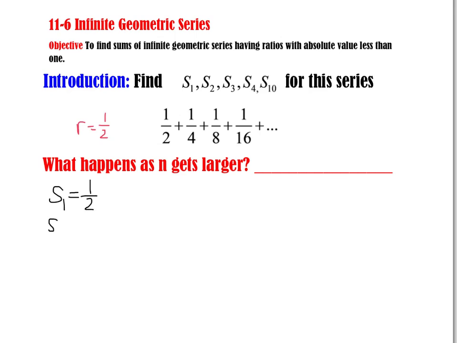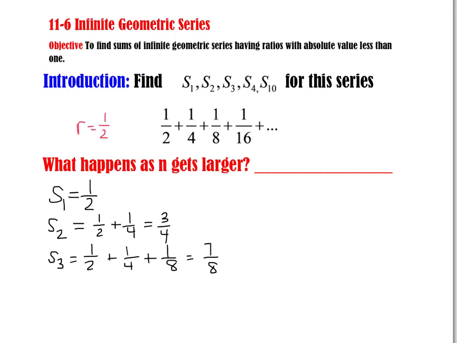For the sum up to 2, I would add 1/2 and 1/4, and so I would get 3/4. And then if I add up the first 3 terms, 1/2 plus 1/4 plus 1/8 equals 7/8. And so on and so forth.